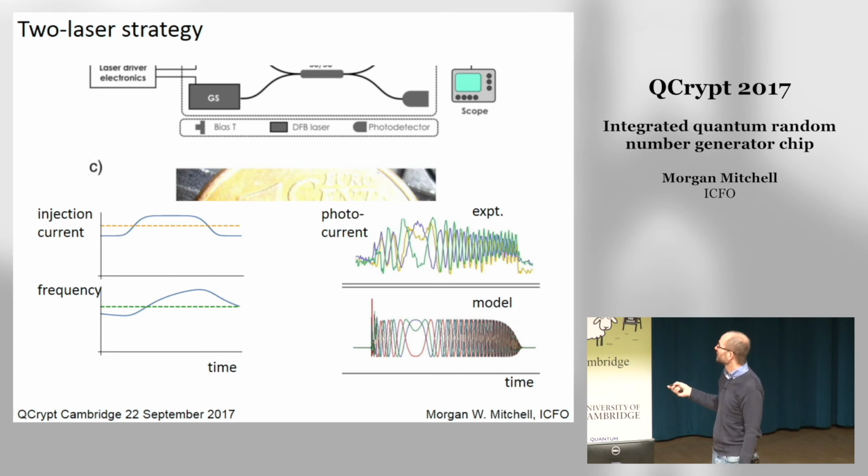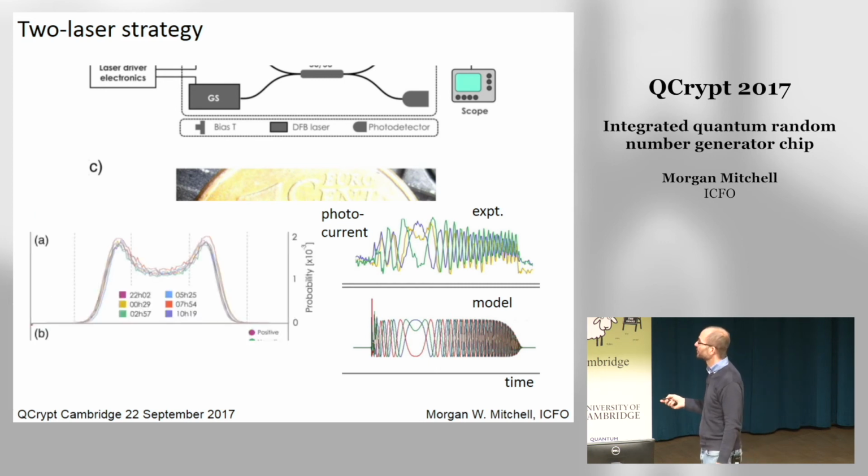You can see that in the beat note between them, which goes from a moderate frequency to a near zero frequency, and then goes back up as the frequency of the pulsed laser crosses through the frequency of the continuous wave laser. Here is a good place to sample, and if we sample there, then we see again an approximation to this arcsine distribution.